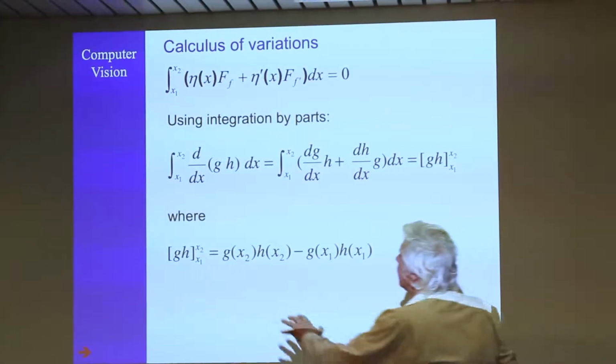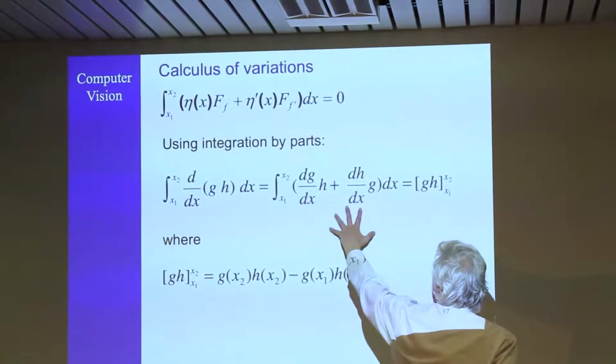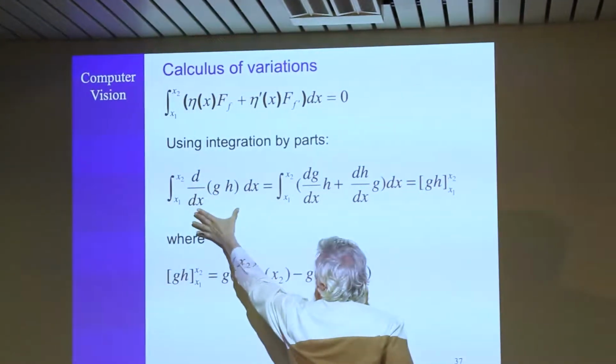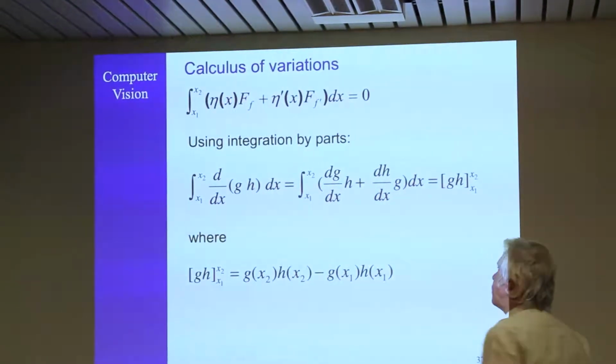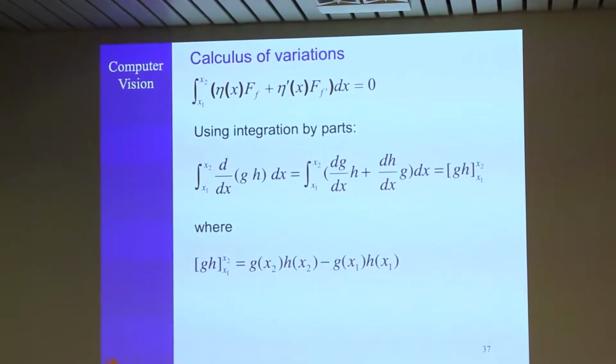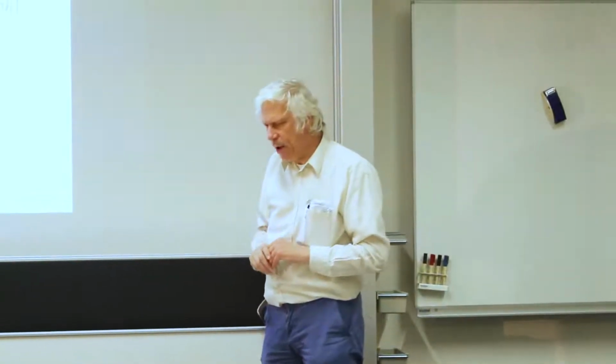Of course, this expression is the same as that expression, where we develop this derivative into the two components that we have there. So this is an equation we'll now use to reformulate the second term in the equation on the top.